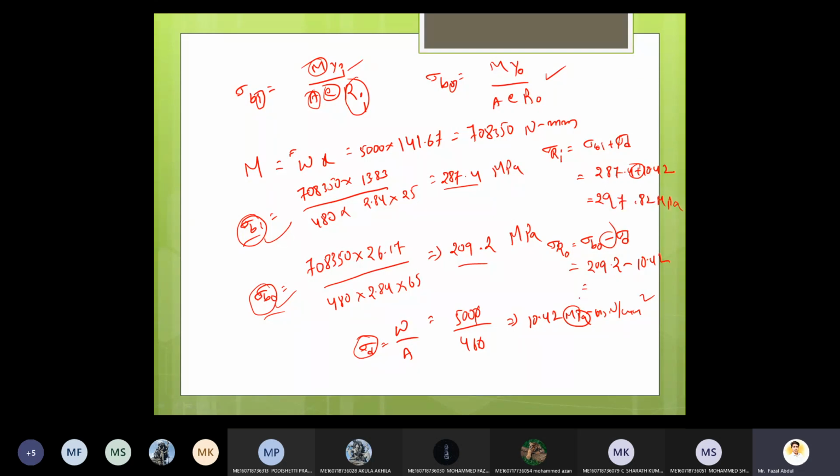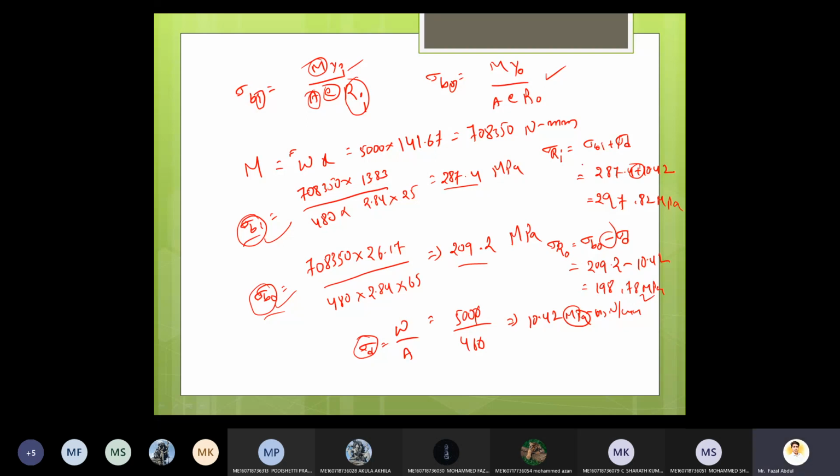And 209.2 minus 10.42 is 198.78 megapascal. So why am I putting negative here and positive there?